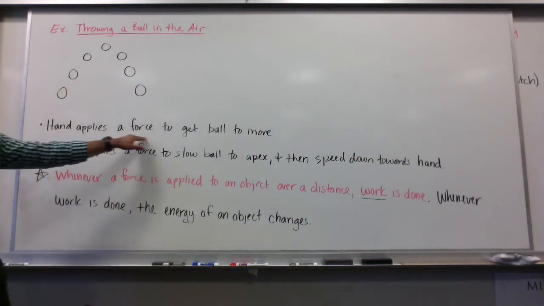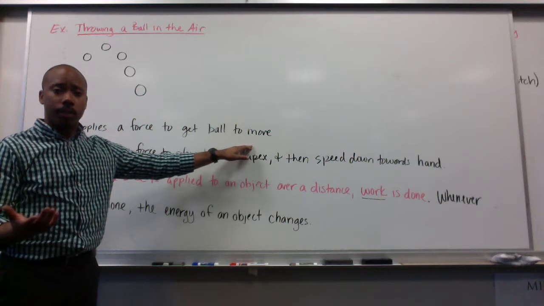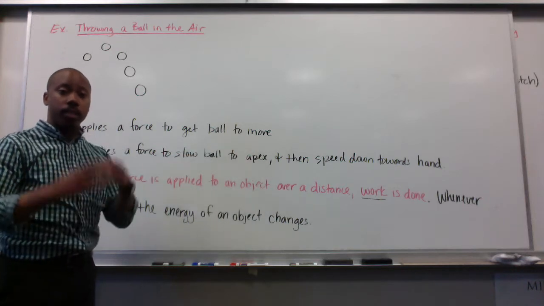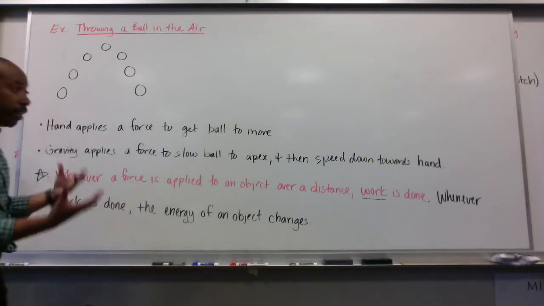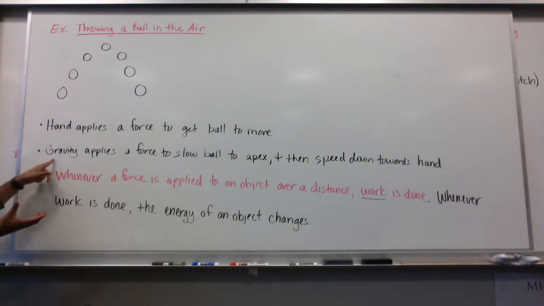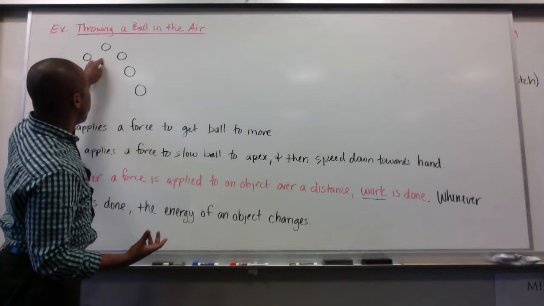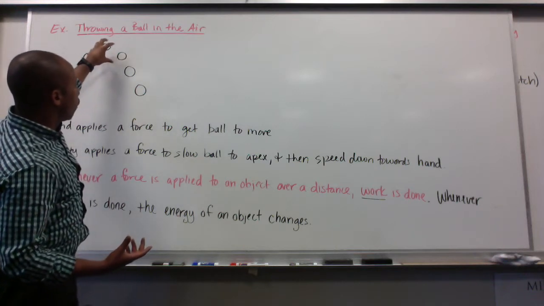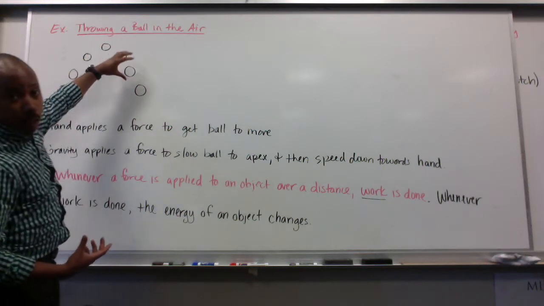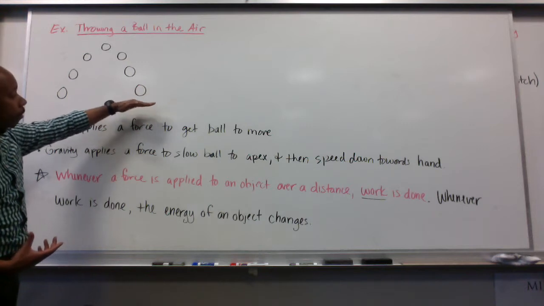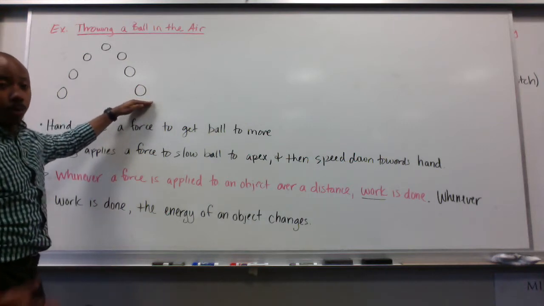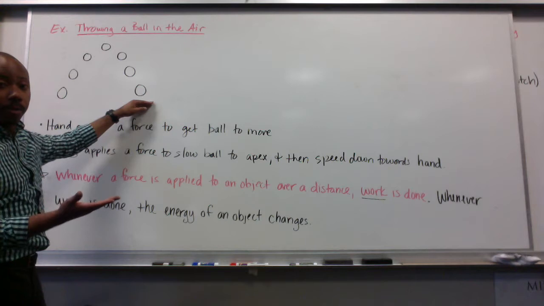That hand applies a force to get the ball to move. That force creates some energy, or change in energy, really. Gravity also applies a force to slow the ball down when it gets to its apex, and then the force of gravity also speeds this ball back up as it comes back down towards your hand or down towards the ground.